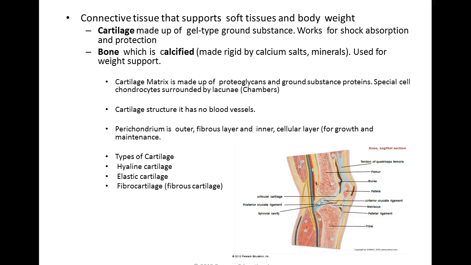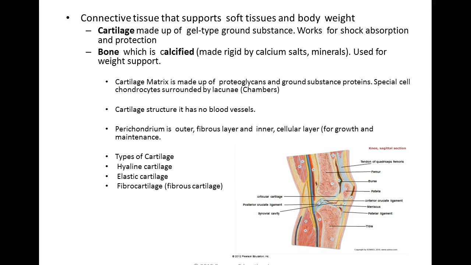So the types of cartilage: cartilage has no blood flow to it, so it can't repair itself, and that's a problem with cartilage. But that also is why it functions the way it does, because no vascularization, no nerve involvement means that it makes a great protective barrier to areas where there is a lot of nerve involvement.